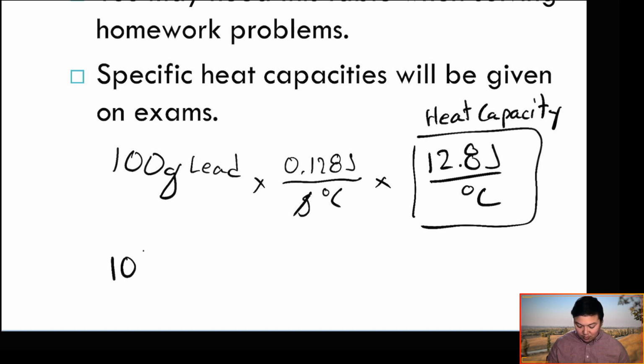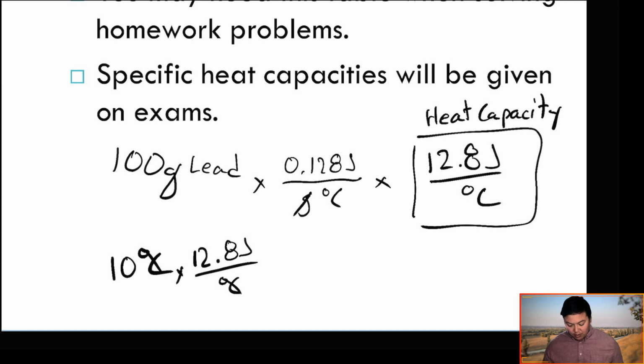So we want to raise 10 degrees C of our lead, and we know now our heat capacity is 12.8 joules per degree C. And just by using dimensional analysis, we don't need an equation. We can multiply these together and see that we're going to need 128 joules to raise the temperature of our lead by 10 degrees C.